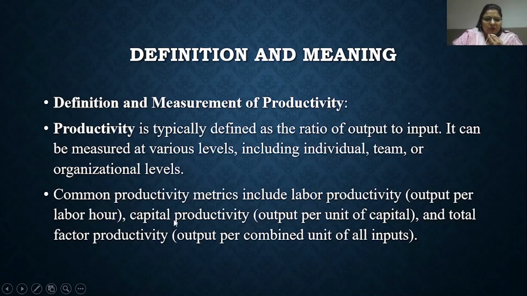Common productivity metrics include labor productivity, output per labor hour, capital productivity, and total factor productivity. Through these productivity measures we can calculate individual productivity, team productivity, organizational productivity, labor productivity, capital productivity, and total factor productivity.